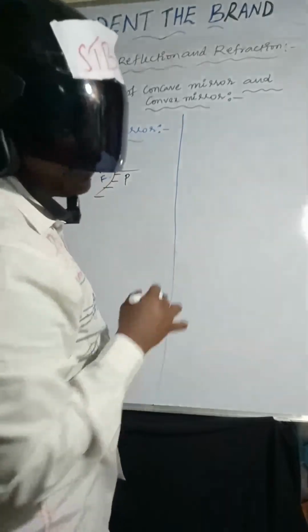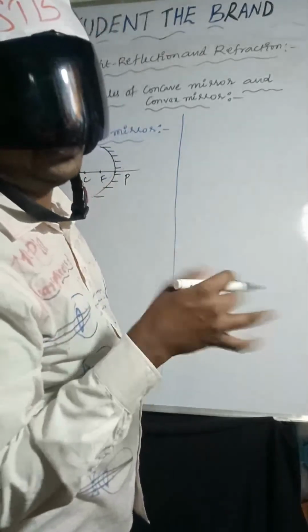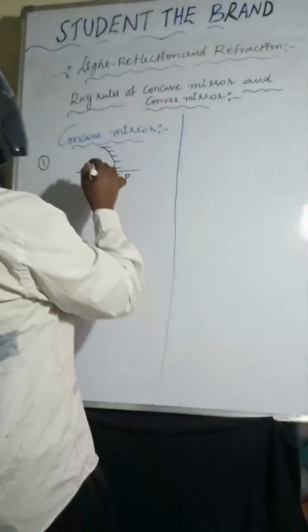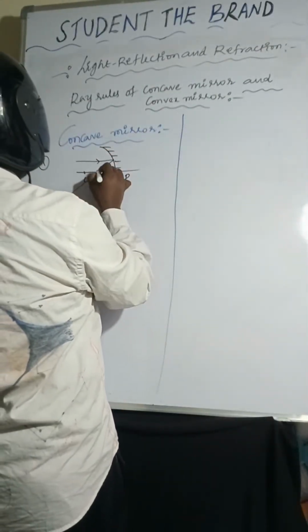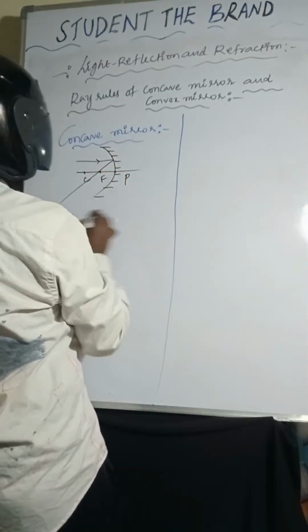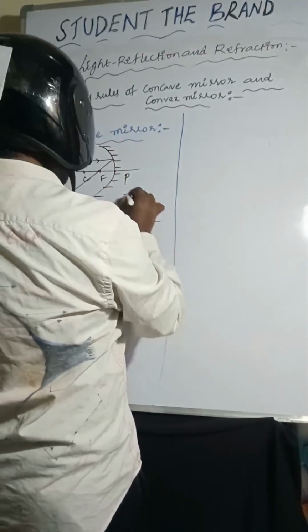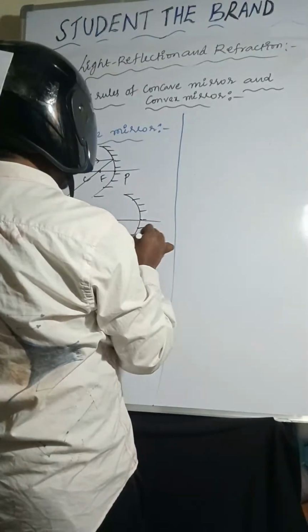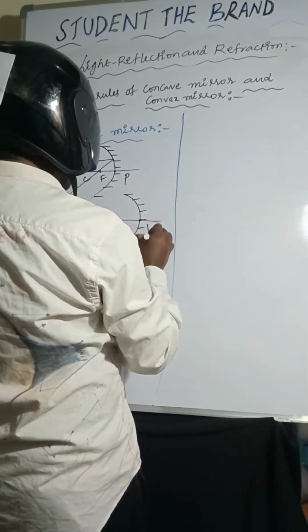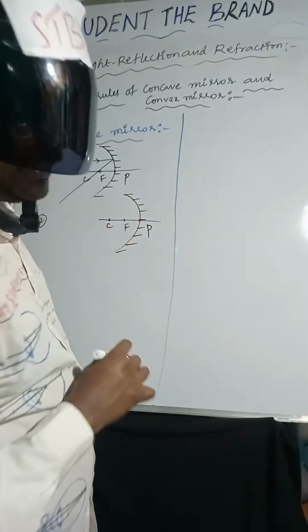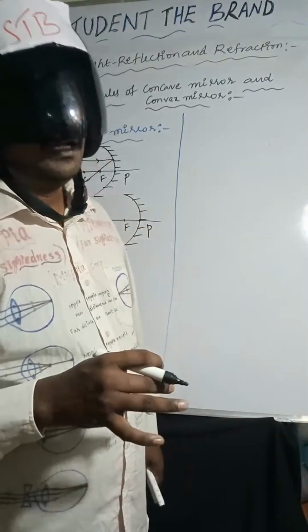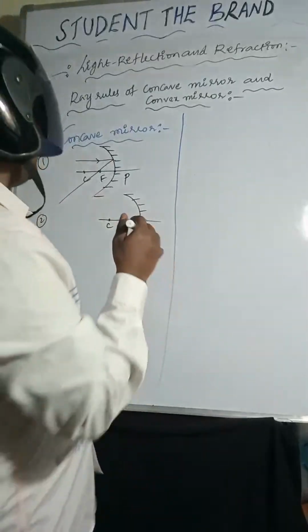A light ray coming from infinity passes through focus after reflection. The second light ray: light passing through focus, after reflection moves towards infinity.